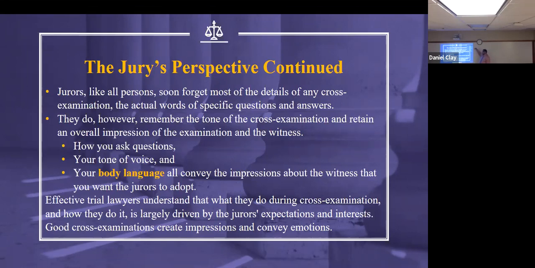So that brings us to how we hold ourselves, how we hold our posture, how we come across to the jury, because that's what the jury will remember. The jury will remember that really nice lawyer or that really professional lawyer.